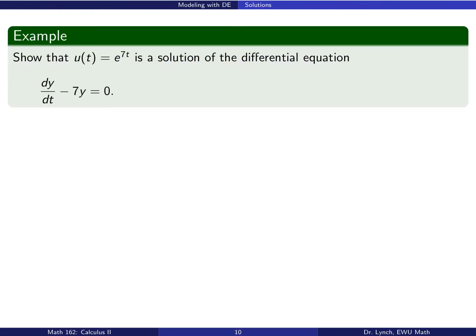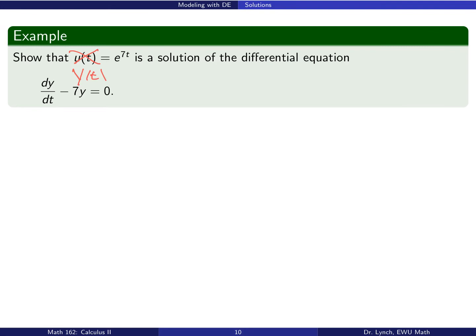Here's an example. Let's go ahead and show that u of t equals e to the 7t is the solution of this differential equation, dy dt minus 7y equals 0. Okay, in order to do this, we'll need to compute, and I should have probably written here y of t, not u of t, in any case, we'll need to compute both dy dt and 7y.